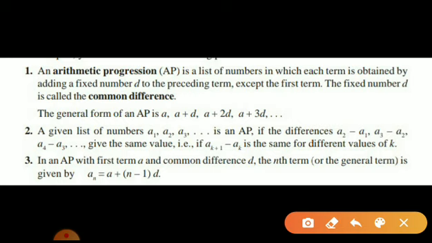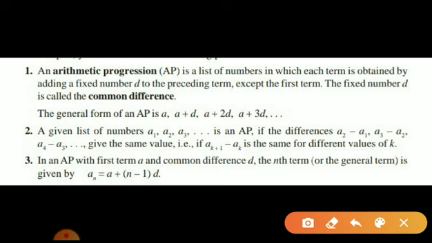Now suppose the question is to check whether the given sequence is in AP, and the terms have not been given directly. If we have the first three terms of the given sequence, then we can check whether the sequence is in AP or not, since we have to just find a2 minus a1 and a3 minus a2.